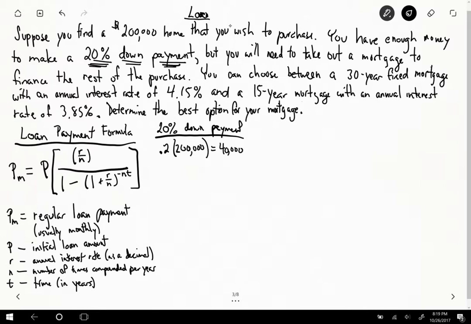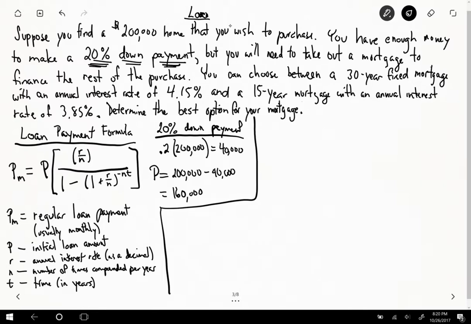So that tells us how much we're going to take out for the loan. So P, in our case, has to equal, well, we start with 200,000, and then we're already going to pay 40,000 up front. So that means our P equals 160,000. Okay, so now we're ready to tackle these two problems.